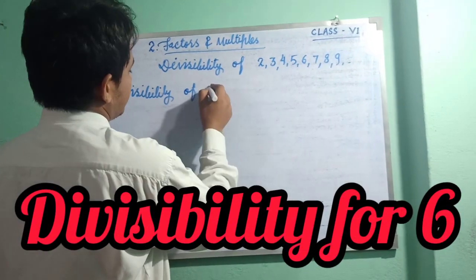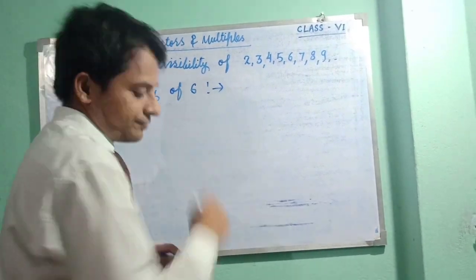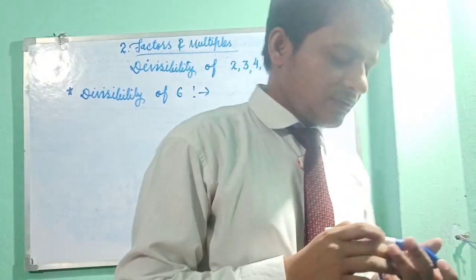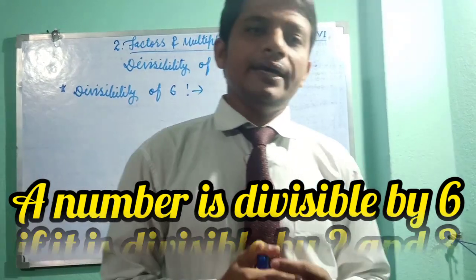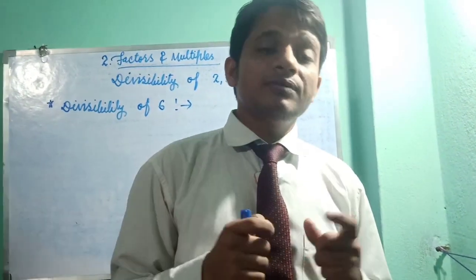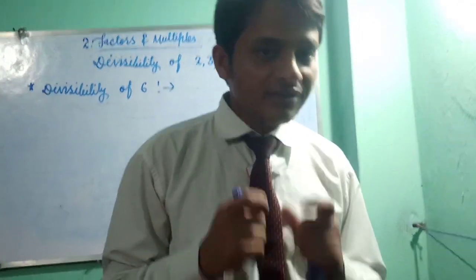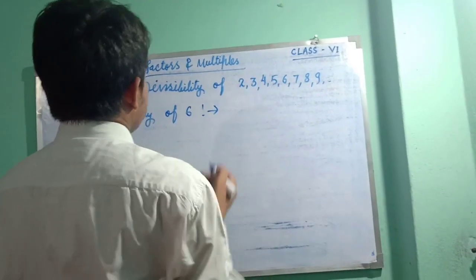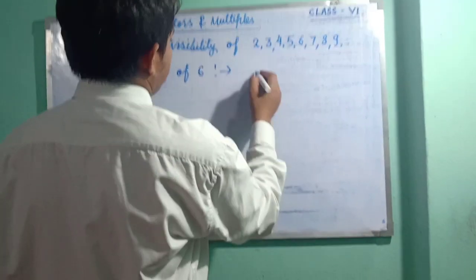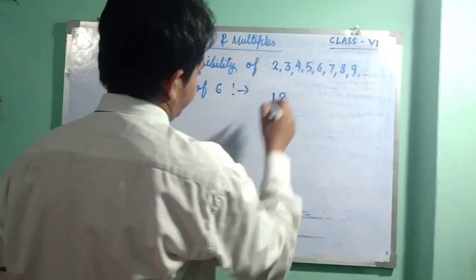divisibility of 6. A number is divisible by 6 if it is divisible by 2 as well as 3. Let's see. Suppose a number 12.